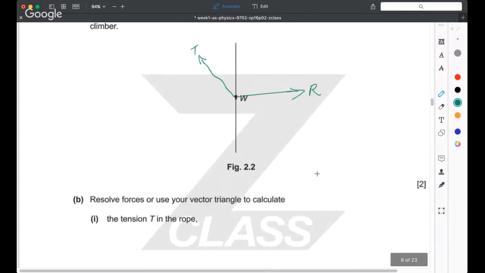So you have one in Y and the other one in the x-axis. This tension will have 2 components, one in y and one in x. So this is Ty and Tx. Okay, so this is opposing the x, and this Ty is opposing the y.